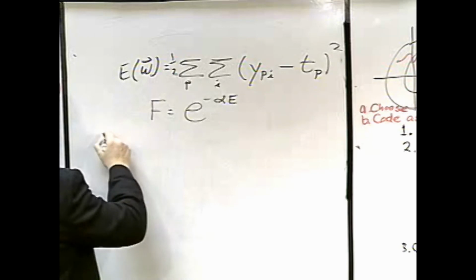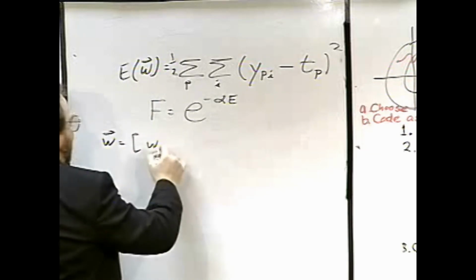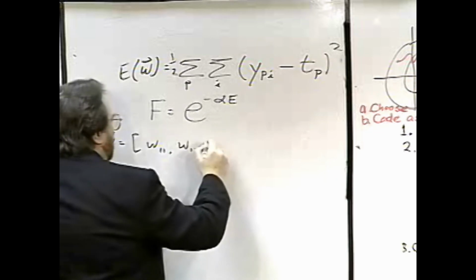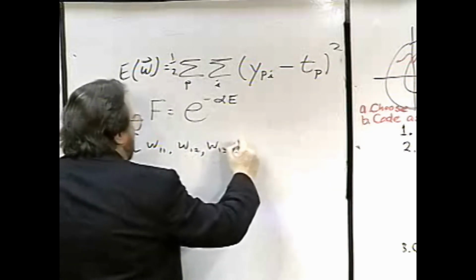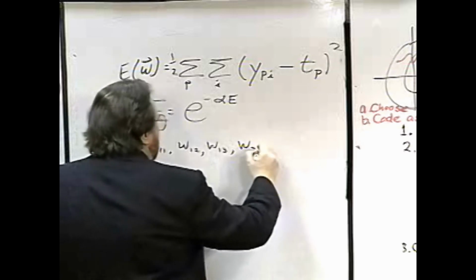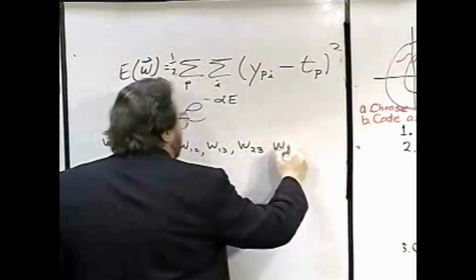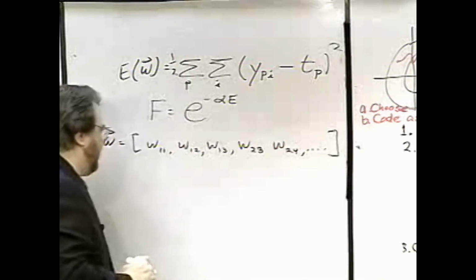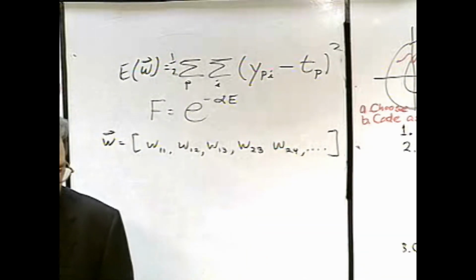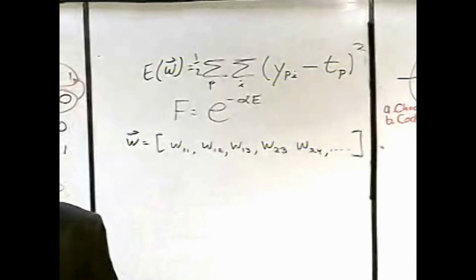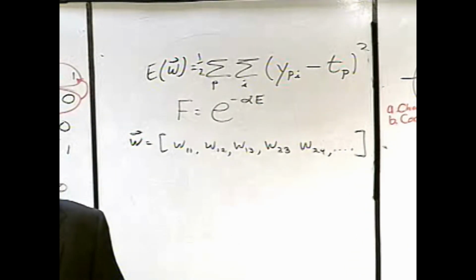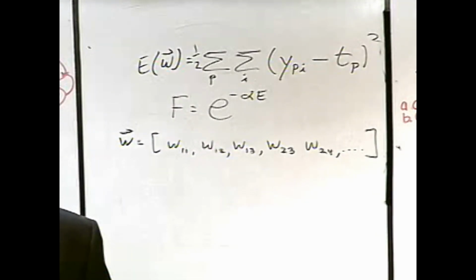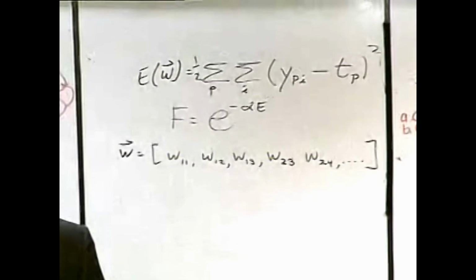There's a value of W. So you have the weights as equal to weight 1,1, weight 1,2, weight 1,3, weight 2,3, weight 2,4, etc. Now what you would like to do is put the weights in some sort of binary encoding technique, right?